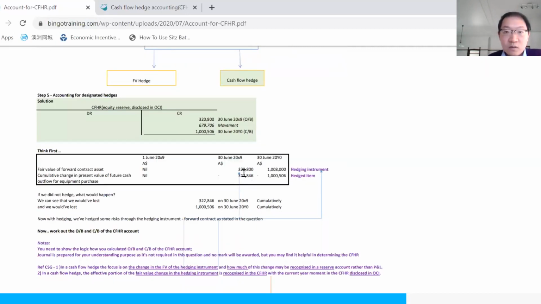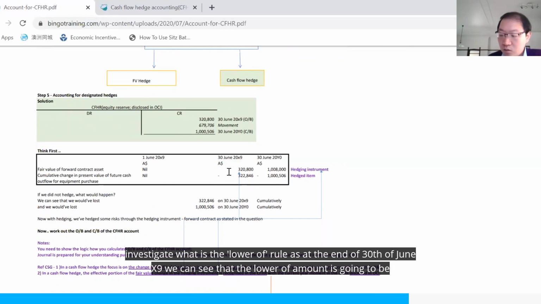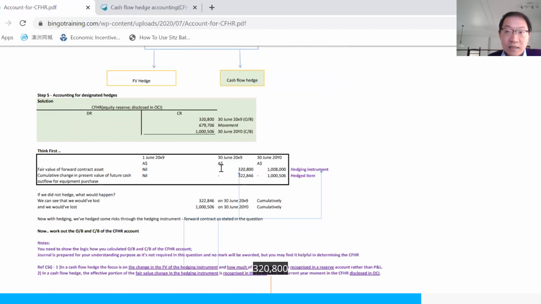If we investigate the lower of rule, as at the end of 30th of June 20X9, the lower of amount is going to be $320,800. For the 30th of June 20Y0, that amount is going to be $1,506,000.